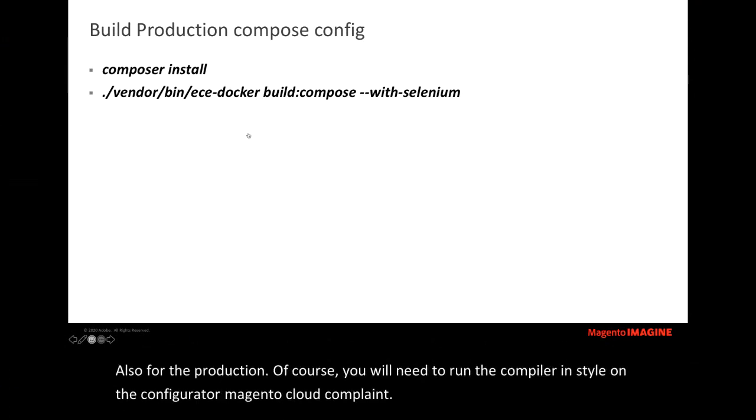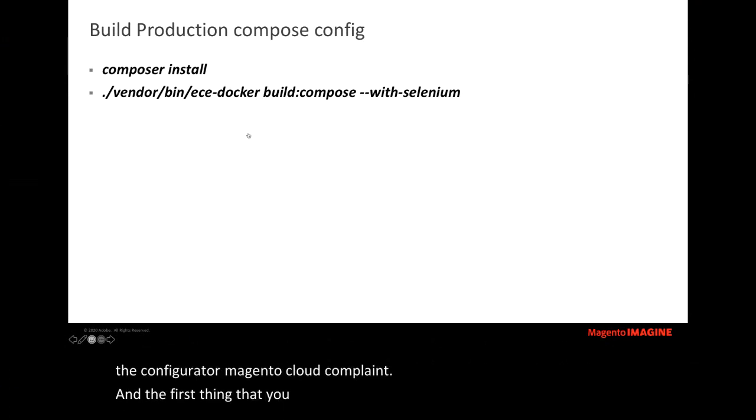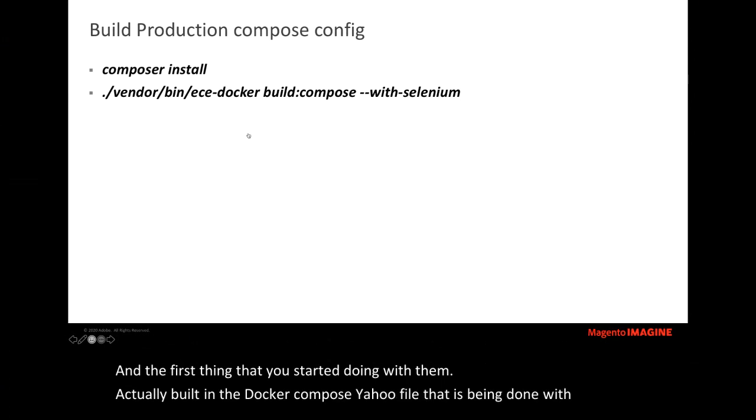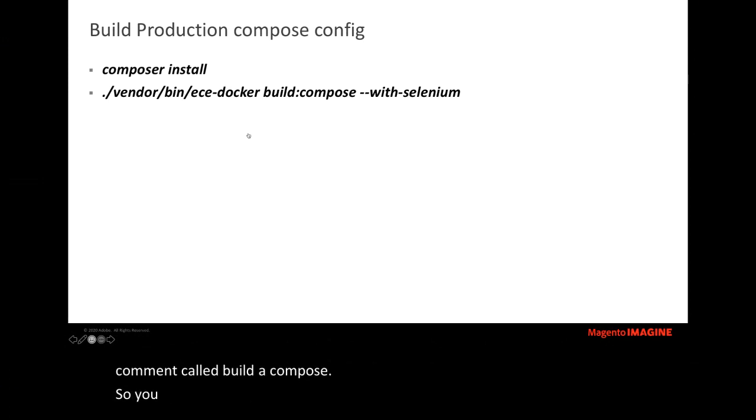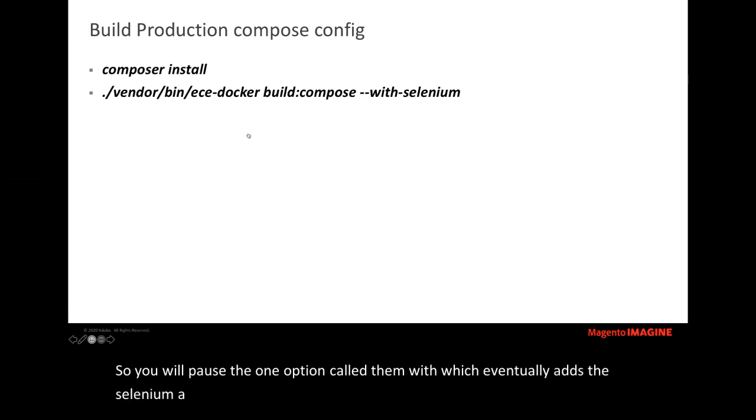The first thing you do with Magento Cloud Docker is build the Docker Compose file, which is done with one command called build compose. You pass the option with Selenium, which adds the Selenium service, the Selenium container, and also adds a few environment variables needed for proper Magento configuration on the backend.